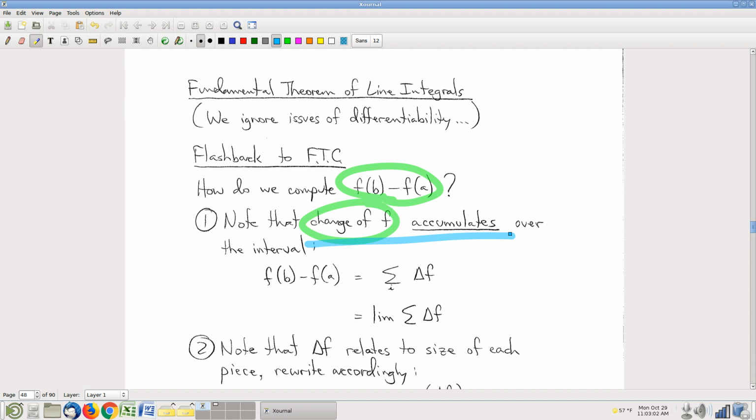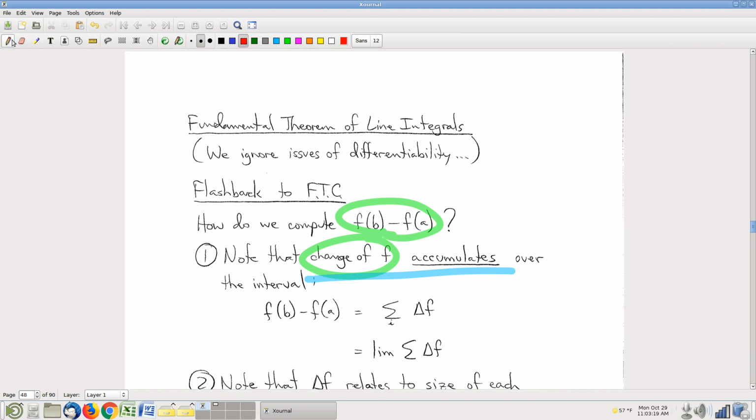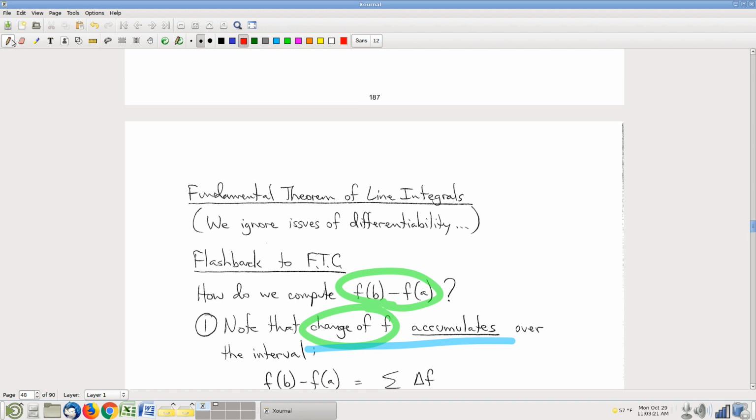There are certain quantities of interest in math, physics, engineering, economics, whatever, that have a certain feature of accumulation. And other quantities, also of interest, just don't. So here's a couple of examples of accumulating quantities. I just want you to know what we're talking about here.